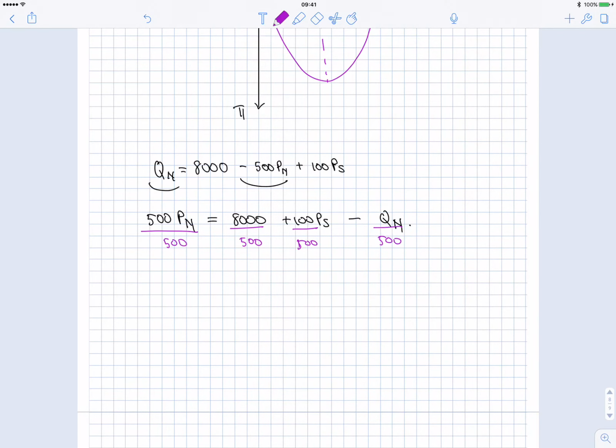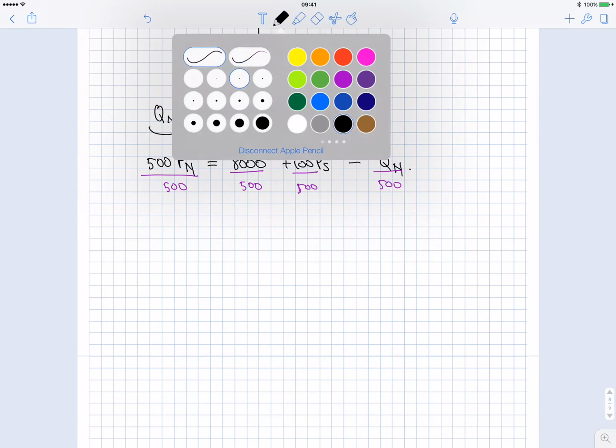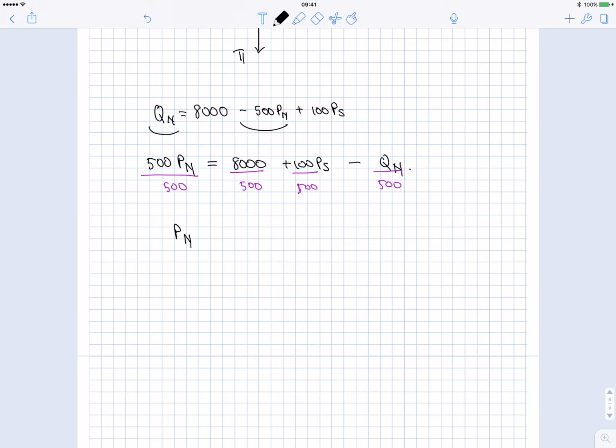Then Pn will equal 80 divided by 5 is 16, plus 1 over 5 PS, minus Qn divided by 500.